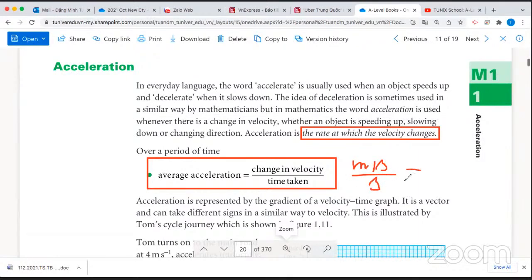So that means the unit of acceleration is meters per second squared, right? Essentially it is just m s minus 2. You can denote it by the index notation.